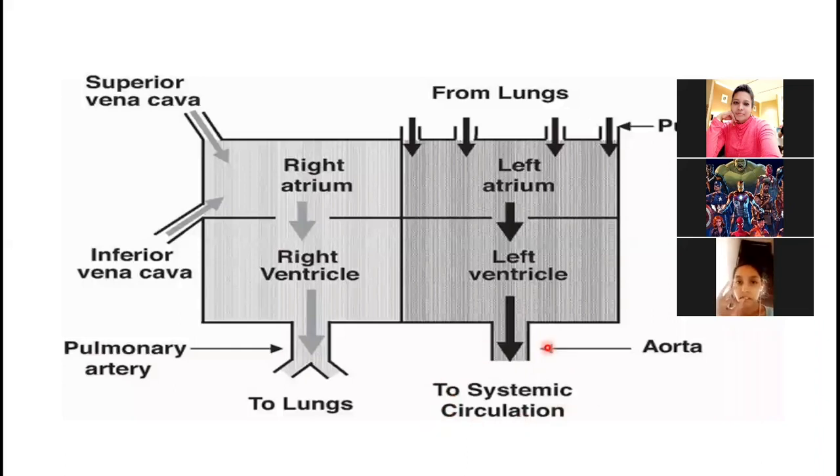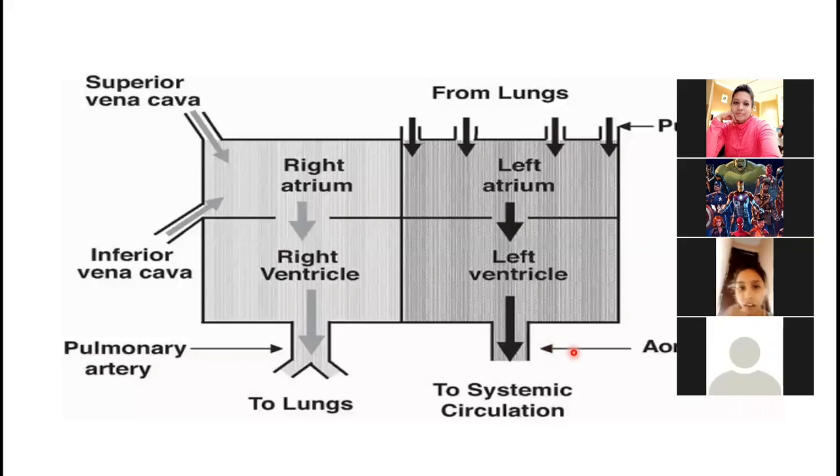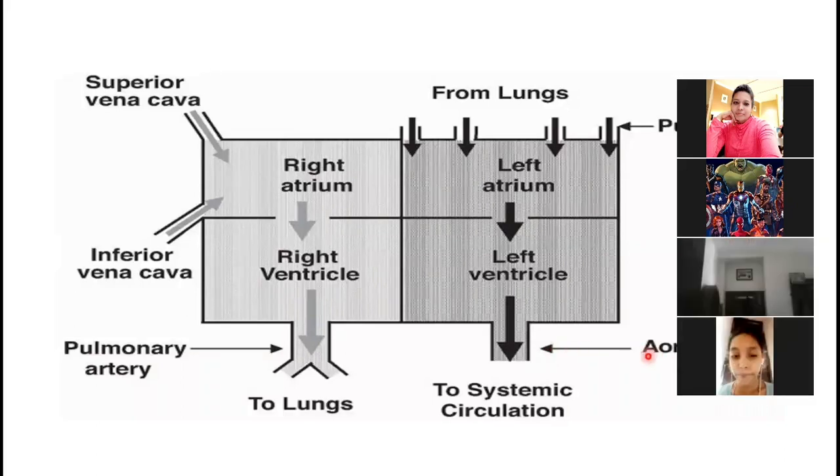Systemic circulation is the circulation of the body, where aorta is divided into many sub branches of arteries, then arterioles, then capillaries, for transferring this pure blood to each and every part, each and every cell of the body.